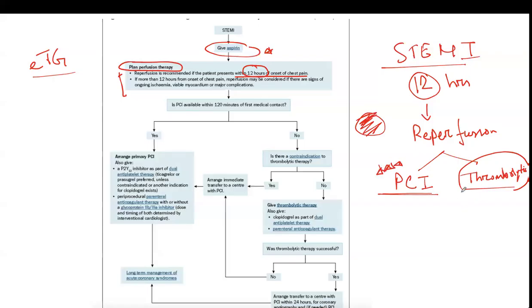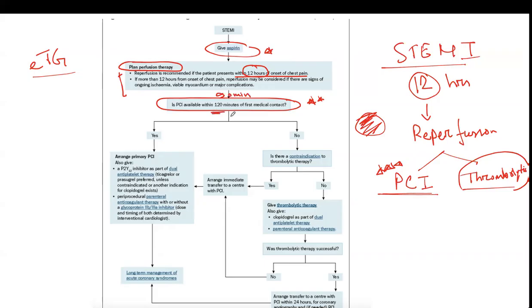Thrombolytics is an alternative. Now, remember one thing, is PCI available within 120 minutes of first medical contact? This is the important thing where candidates get confused from John Murtagh. So the idea, John Murtagh said 90 minutes, therapeutic guidelines say 120 minutes, and we will follow therapeutic guideline.